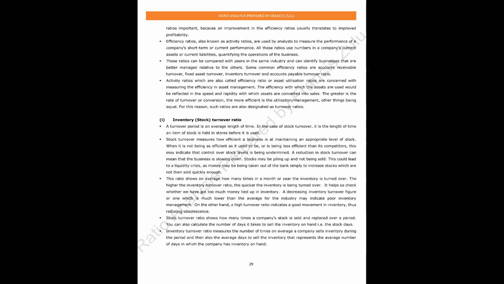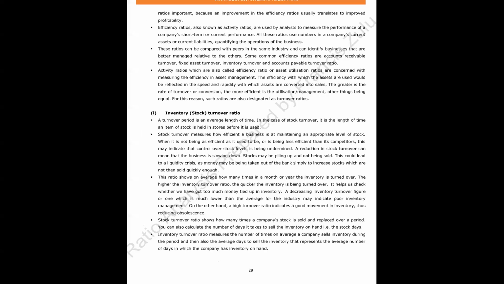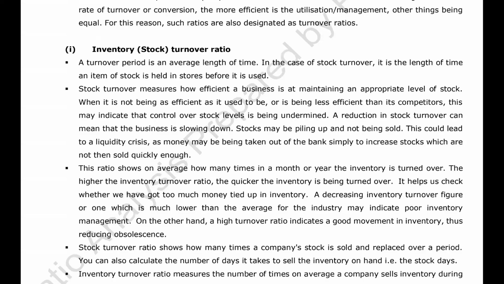Under the efficiency ratios, the first ratio that we have is called the inventory turnover ratio. This is very important. The turnover period is actually an average length of time. That's what the turnover period means.